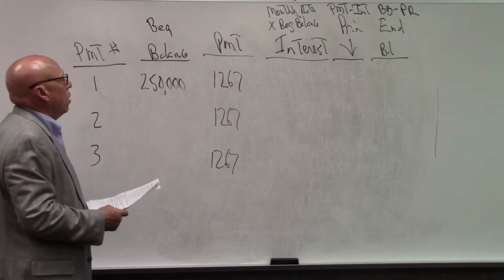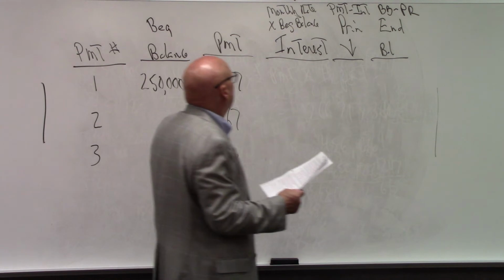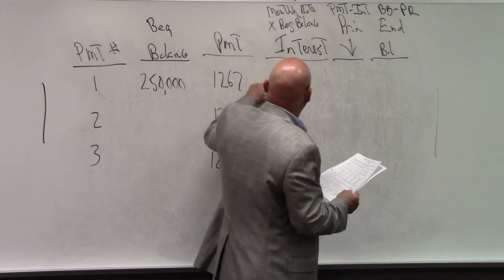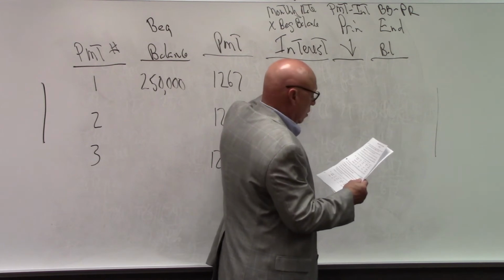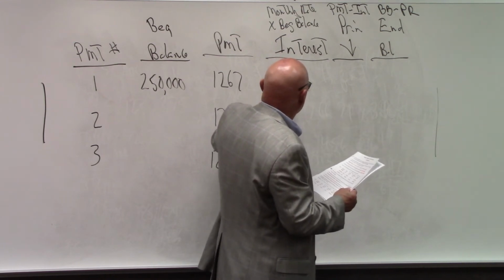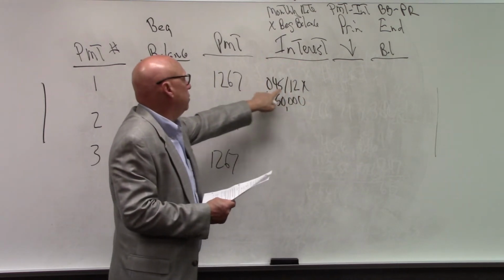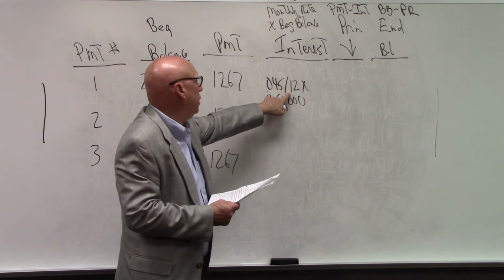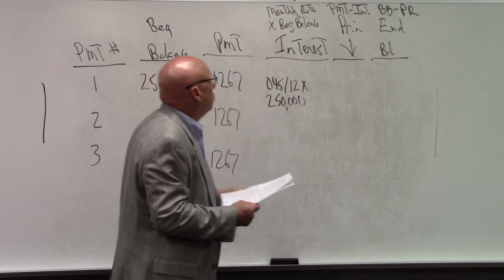Okay? All right, so let's find the interest. So the interest is 0.045 divided by 12 times 250,000. Annual rate divided by 12 equals the monthly rate times the principal is equal to the interest charge.